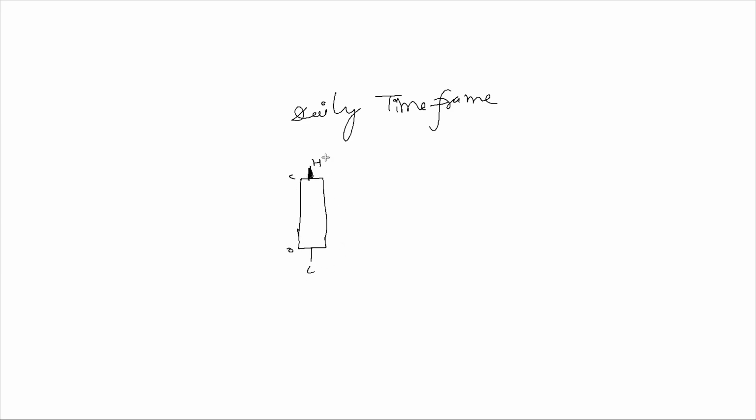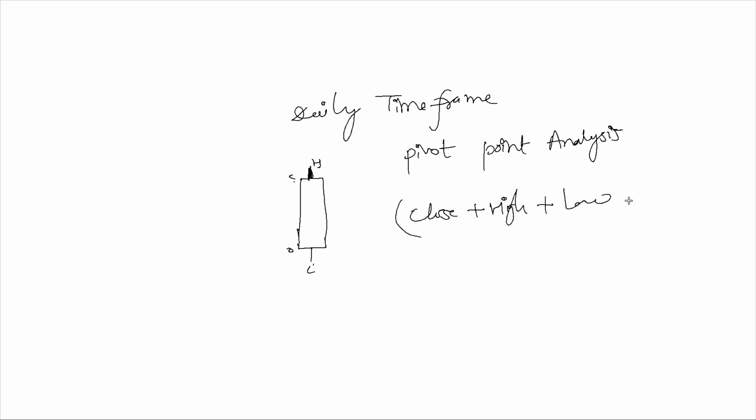What we do in pivot point analysis is we take the average of, not open, but HLC: close, high plus low, divided by 3. So that point will be around, suppose it's here.